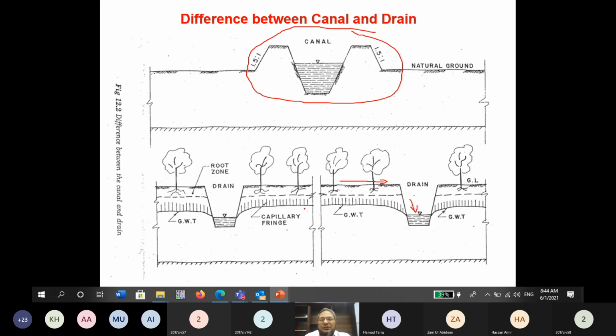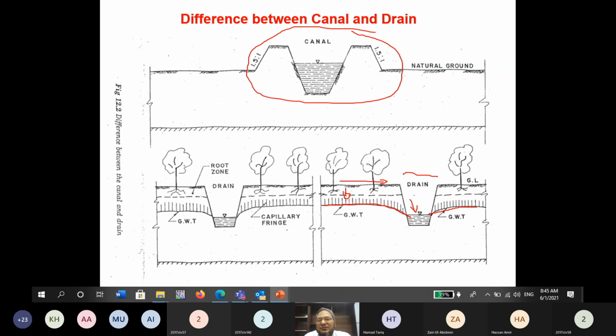The water which seeps inside, which infiltrates, and this is the water table, the water table is being lowered by these drains. These drains are deep enough, so the water table is lowered through these surface drains, and we provide these surface drains in areas where the permeability of the material is enough for the water to infiltrate. But in some areas highly impermeable material is available, and then water does not infiltrate much into the ground.